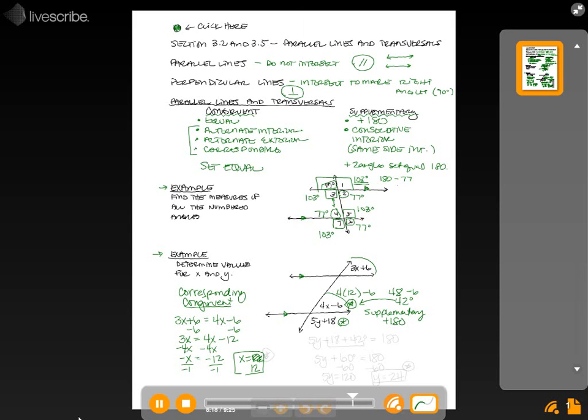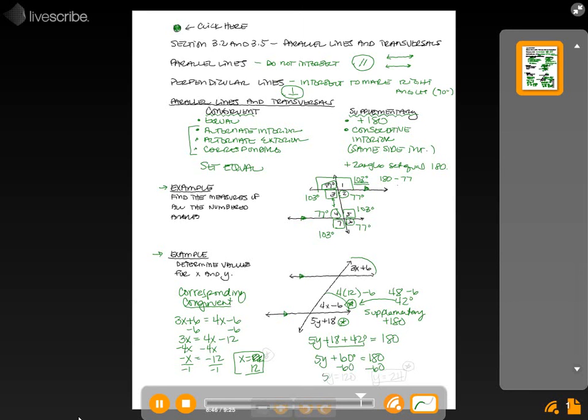And if they have to add to 180, then we could say 5y plus 18 plus that 42 degrees now, because we know what that is after we plug that variable in, equals 180. Let's go ahead and combine like terms. So 5y, 18 plus 42, that's going to be 60, equals 180.